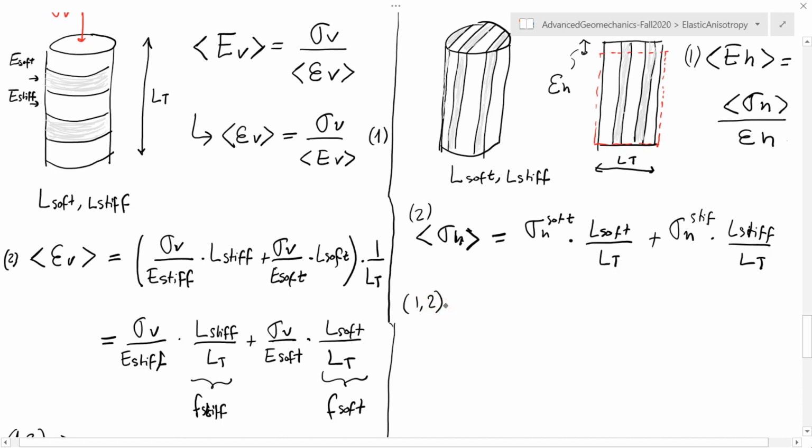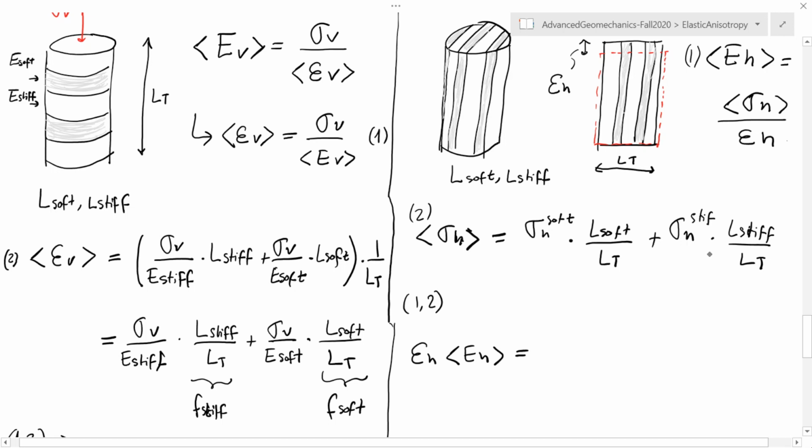From number 1, I'm going to solve for the effective horizontal stress. And this is going to be just the strain times the effective Young modulus in horizontal direction. And here I'm just going to bring the right hand side of equation number 2.